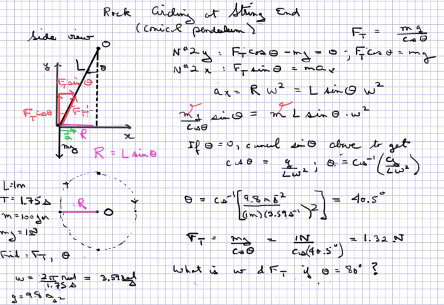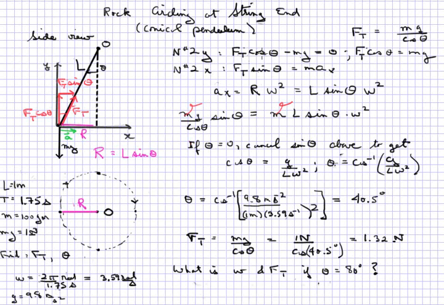That just comes out of this right triangle right here. So we can do a Newton number 2 in the y direction, which says that Ft cosine theta minus mg is equal to 0. My coordinate system is the y-axis pointing up and the x-axis pointing from the mass in towards the center of the circle.